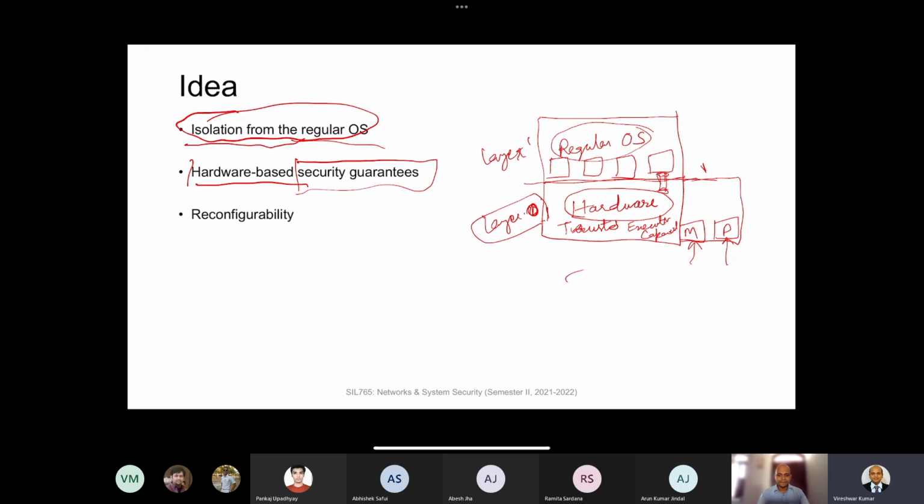And then, notice that if we implement everything in the hardware, it might be a little difficult to do any kind of reconfiguration if it is needed.